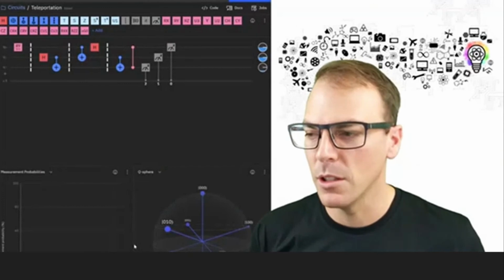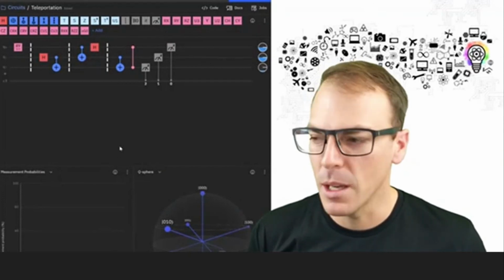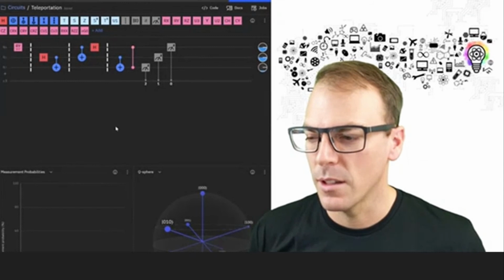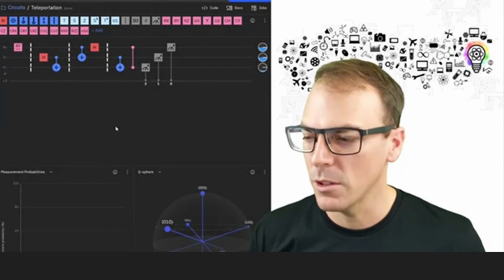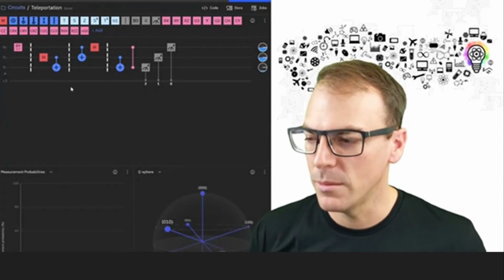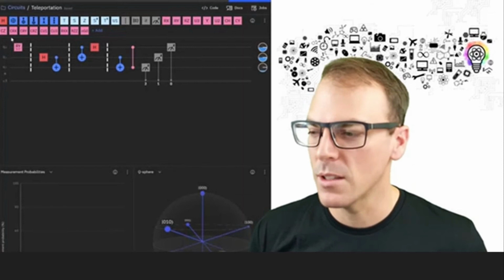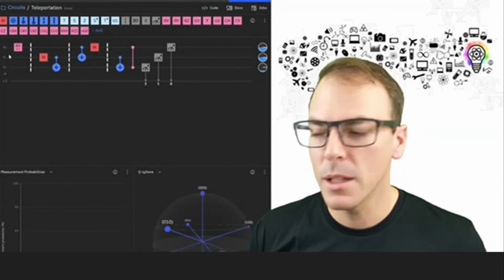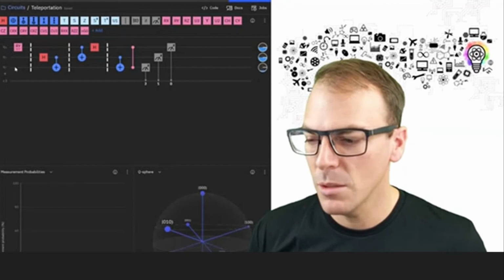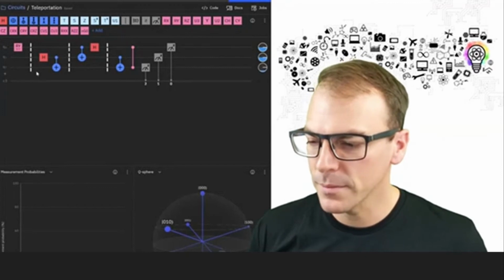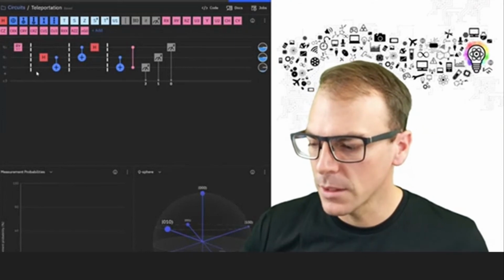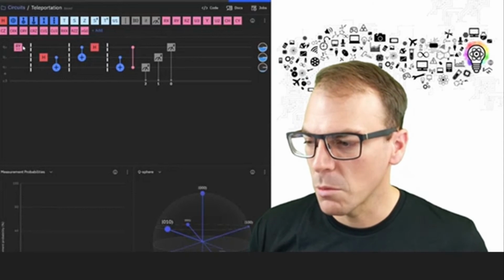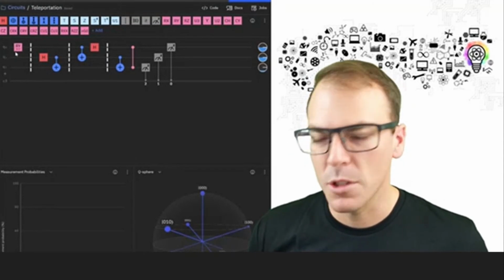So here I'm showing you the IBM Quantum Experience, and this is a teleportation circuit. If you recognize it, it's teleporting this state up here from the 0th qubit down to the last qubit, and it's a Y rotation, just a particular state.